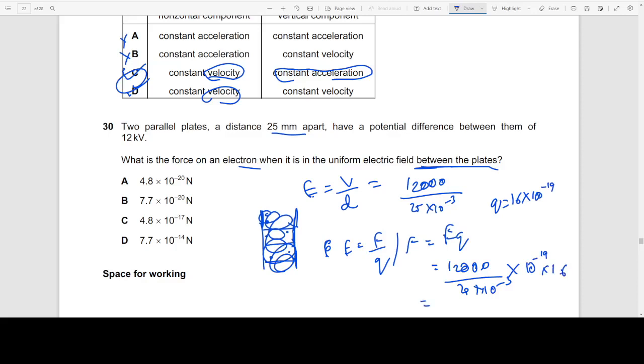So if you calculate the force, you will get the answer as D, which is 7.7 into 10 raised to minus 14. Alright, moving on.